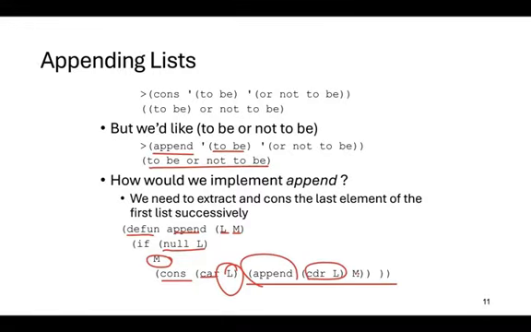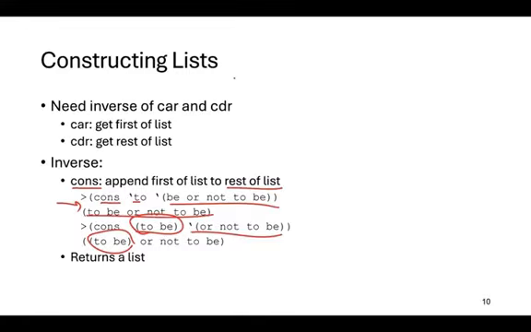So what does this mean? Let's look at our to be or not to be here. We want to have to be or not to be. We are going to take be and add it to our list, and then take the to and add it to our new list, which is be or not to be. So it becomes to be or not to be. Because if we go back to cons here, you're going to notice that if we give it one word, it will successfully add it inside our list.